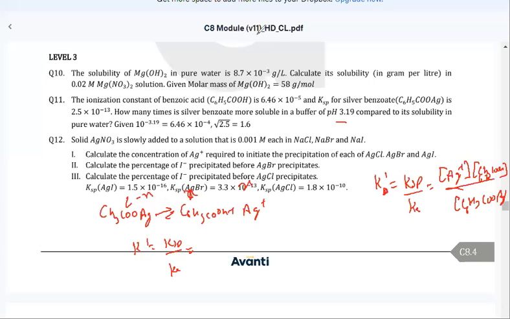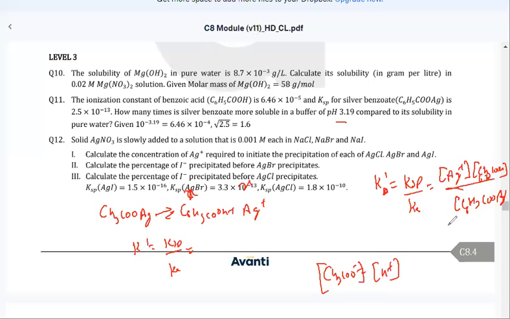Wait, no, because see, it is C6H5COO minus. Now, don't you think that the concentration of C6H5COO minus will be the same as the concentration of H plus? Tell me yes or no. Almost. I'm not saying exactly, but almost. This question was a bit difficult, right? It is difficult because we have to solve one more problem like this now.